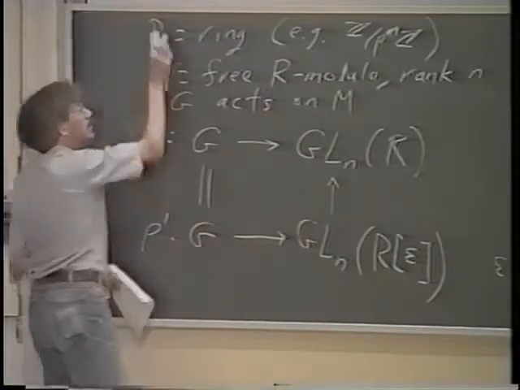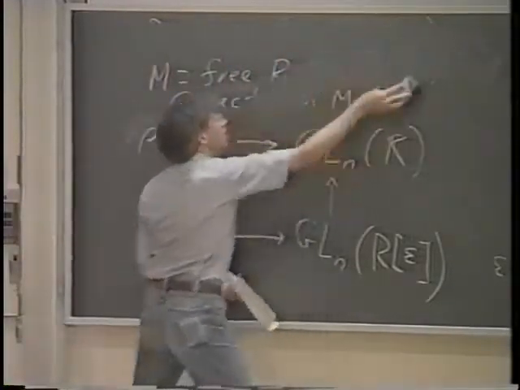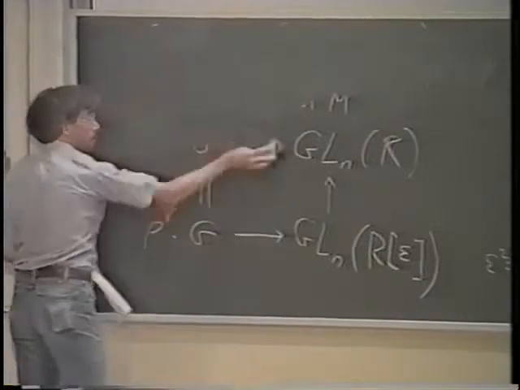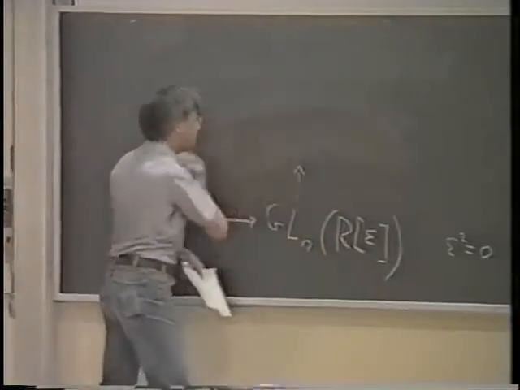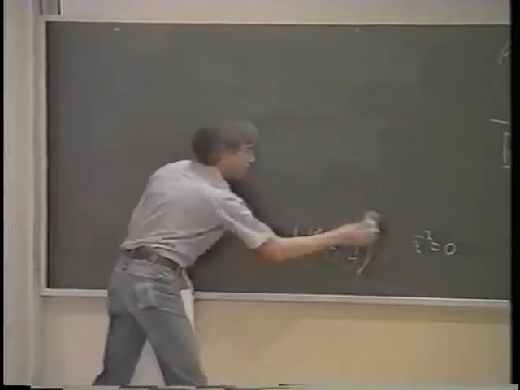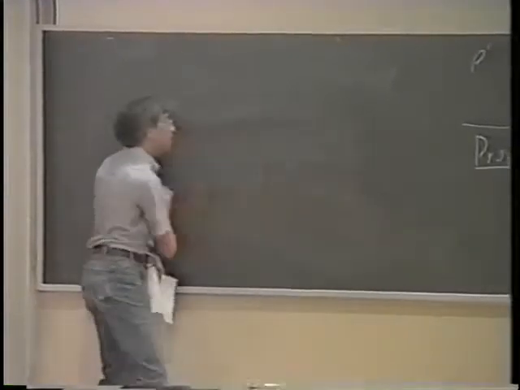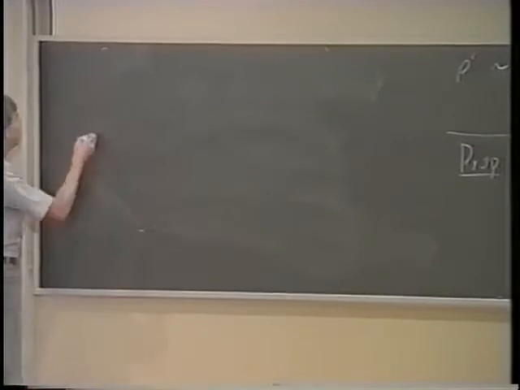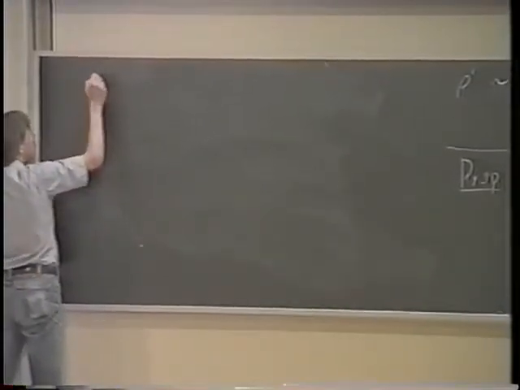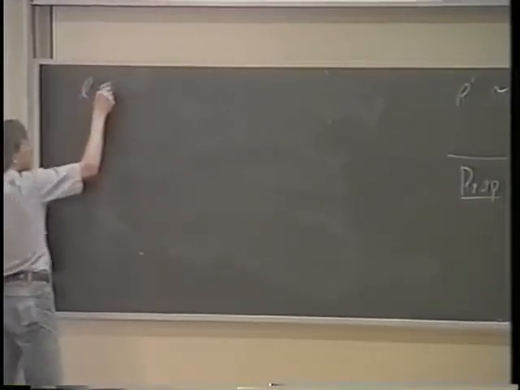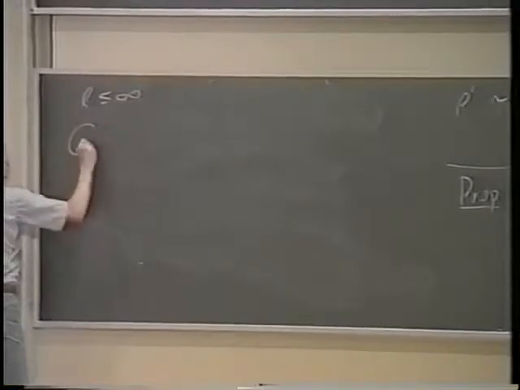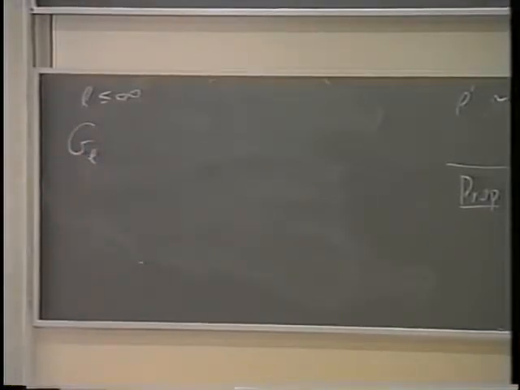Okay, so this leads us to consider local restrictions on cohomology classes. So what we really want to do is look at things globally and then put local restrictions on. So the first thing we need to do is, for each L a prime less than or equal to infinity, G sub L is the local Galois group.